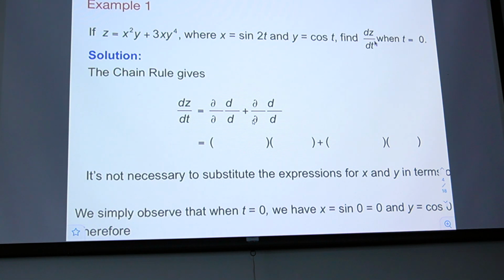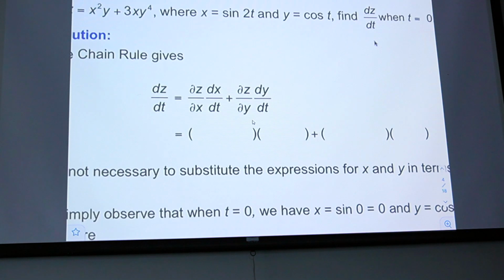So that will be partial z, partial x for that one, and then what? dx/dt. Good. And then the second part, partial z, partial y. Good job. And then what? dy/dt. You got it. Okay, good job. So that's the one.